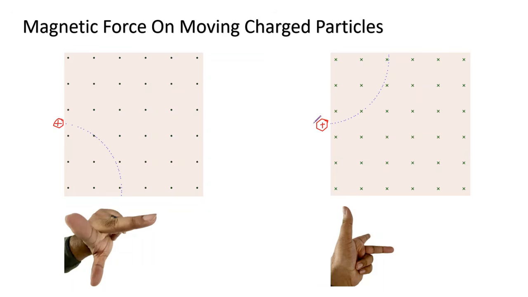In the second scenario, the magnetic field is represented with a cross. What do these represent? A dot represents magnetic field out of the page, and a cross represents magnetic field into the page. And for a moving charged particle in a magnetic field, the direction of deflection can be found using Fleming's left-hand rule.